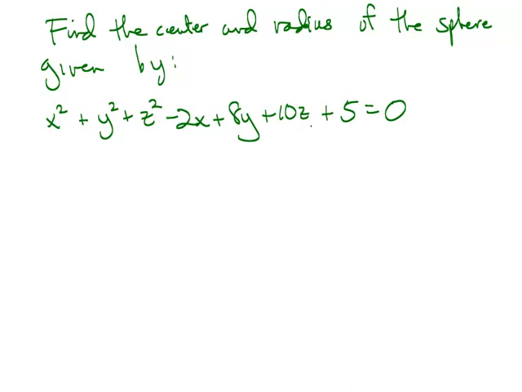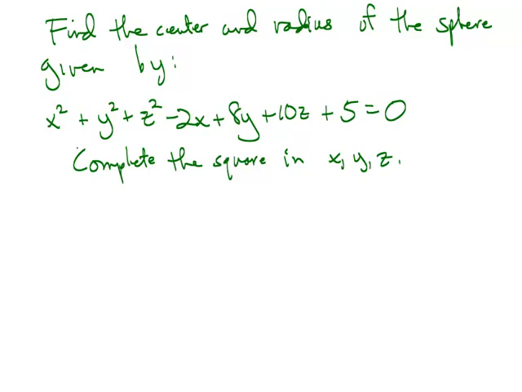We're going to use a process here called completing the square. We would say it this way: we're going to complete the square in the variables x, y, and z. We know it's going to be a sphere because x, y, and z are all squared and they'll have the same coefficient. In this case, it's 1.